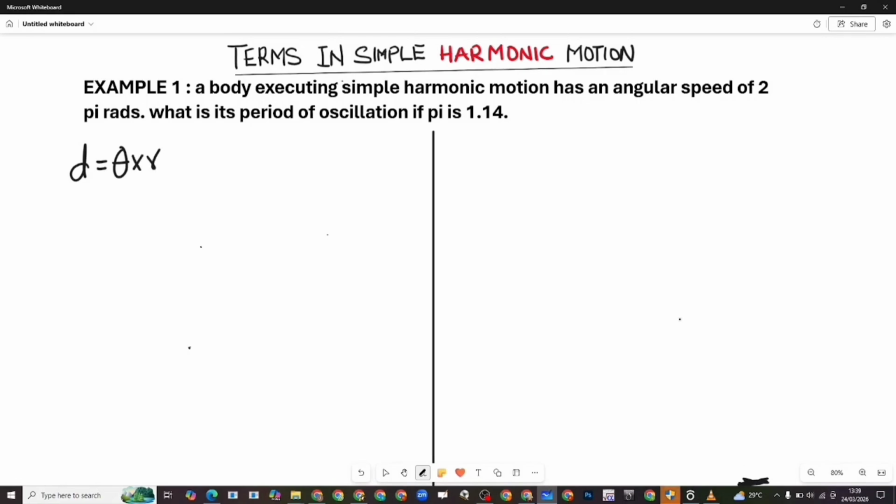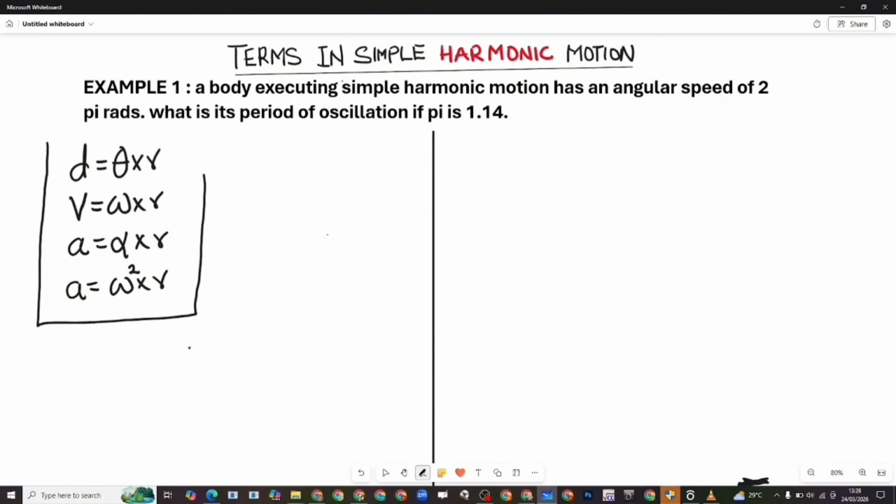Number 2, the linear velocity is equal to the angular velocity times r. Number 3, the linear acceleration is equal to the angular acceleration times r. And number 4, the linear acceleration is also the square of the angular velocity times r. So these 4 equations will save us a lot. If we have these, we are going to solve any question with regard to simple harmonic motion in physics.